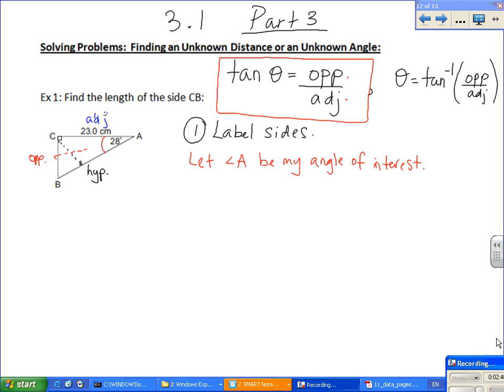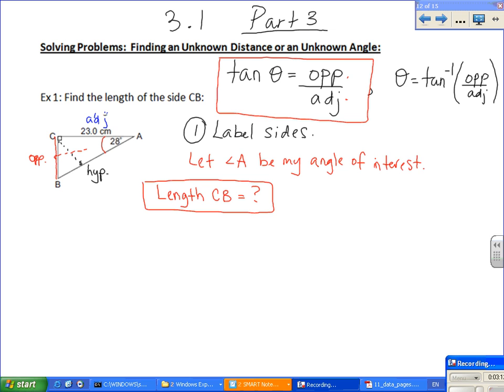And I see that I'm given the length of the adjacent is 23 centimeters. So I'm looking for the length of side CB. Let's have a look. C to B is right here. So the unknown length, the length of CB, is what I'm looking for. That's going to be my question.